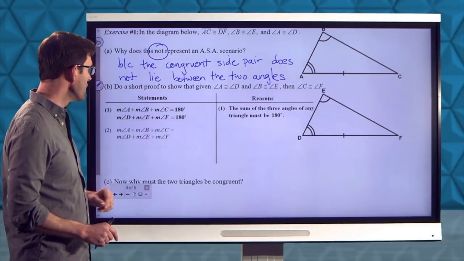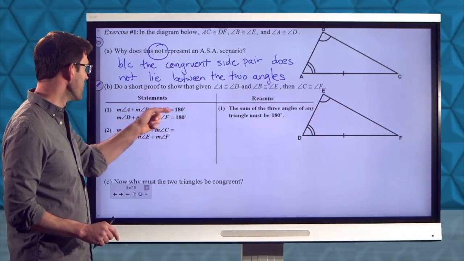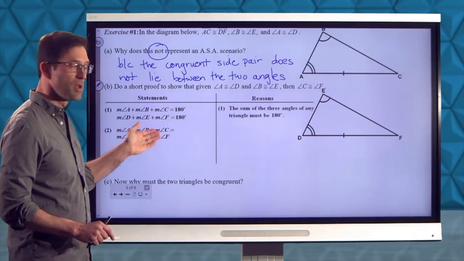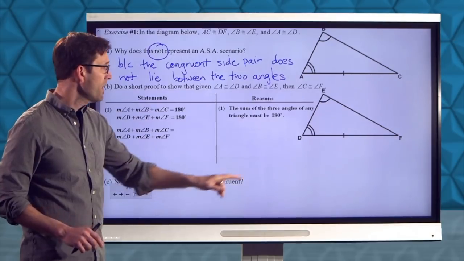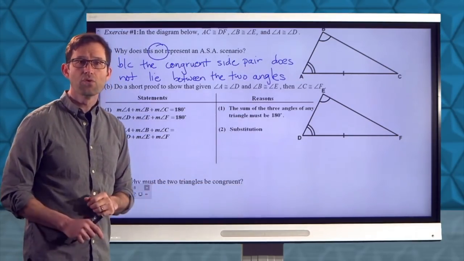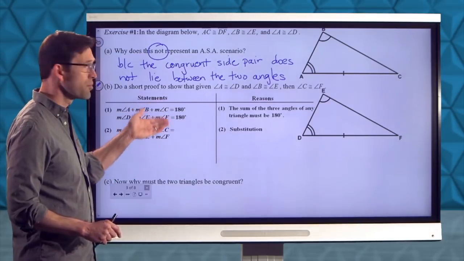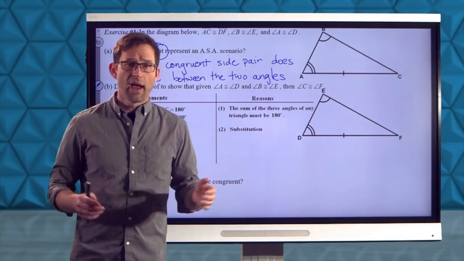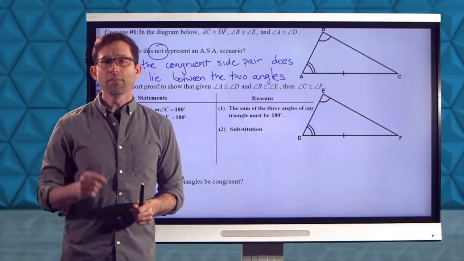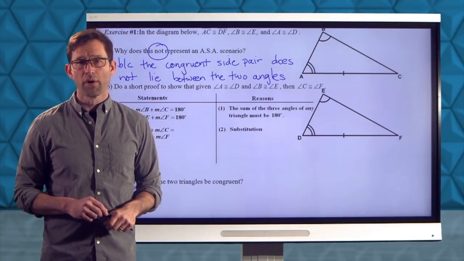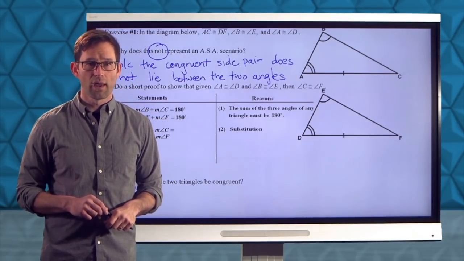But that means that we can say A plus B plus C equals D plus E plus F. Why can we do that? Well, that's the substitution property of equality, right? We can simply say, well, since they're both equal to 180, they have to be equal to each other. Some teachers might call this the transitive property of equality, and that would be completely okay as well.